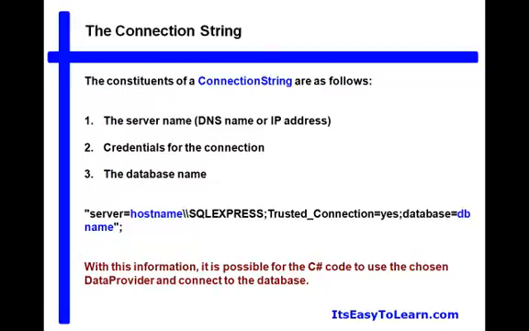For example, we have server equal to whatever is the host name, and if it's a SQL Server Express edition, we specify Express, and then trusted connection, yes or no, depending on whether you're going to use Windows authentication or SQL Server authentication. If Windows authentication, we say trusted connection equal to yes, and the database is equal to the DB name. With this information, it is possible for the C# code to use the chosen data provider and connect to the database.